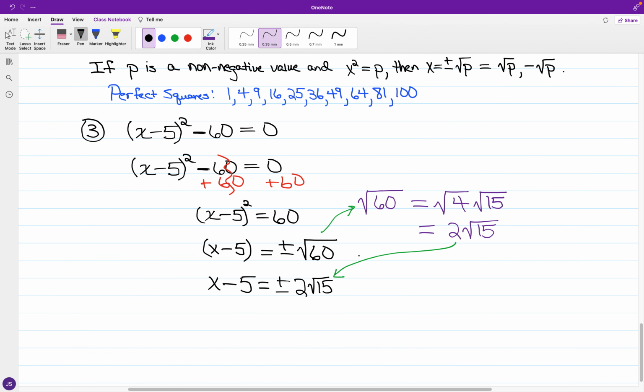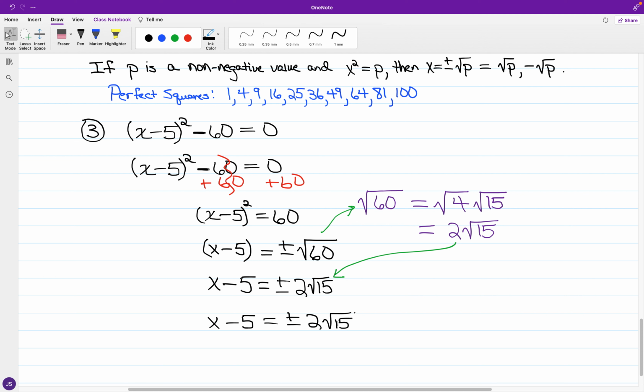All right. Now we're still looking at solving for x. We have x minus 5 is equal to plus or minus 2 times the square root of 15.